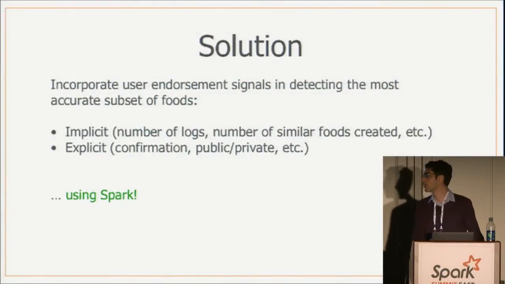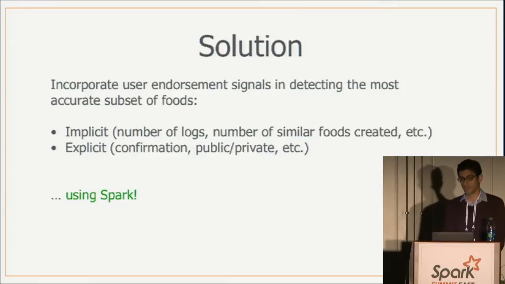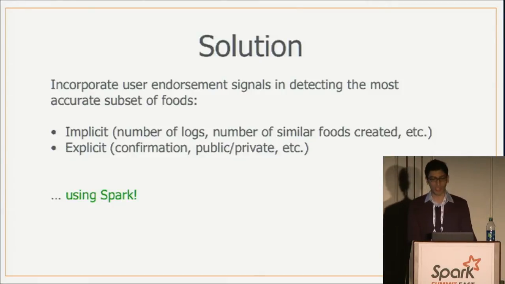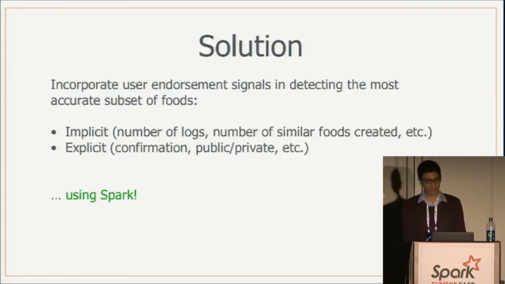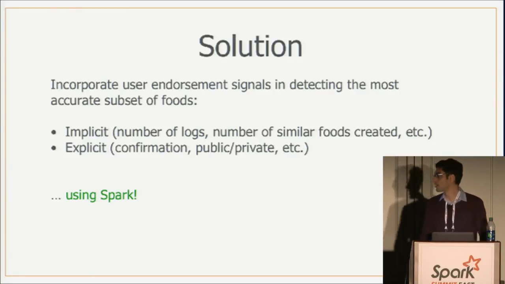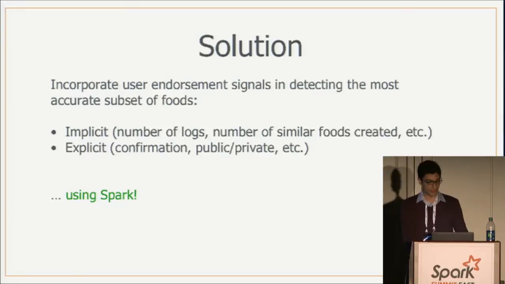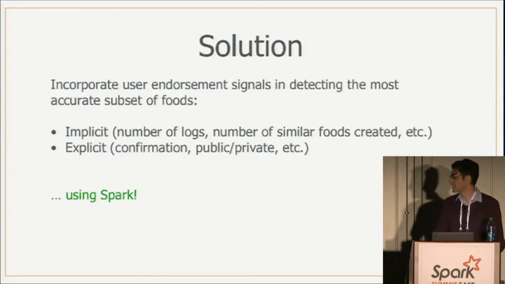These signals are either implicit, for example the number of times a particular food has been logged by the users, or the number of similar items with the same brand, description, and nutritional information that have been added to our huge database. And there are other explicit signals like the number of confirmations for the nutritional information, and whether the food is public or private, and things like that.